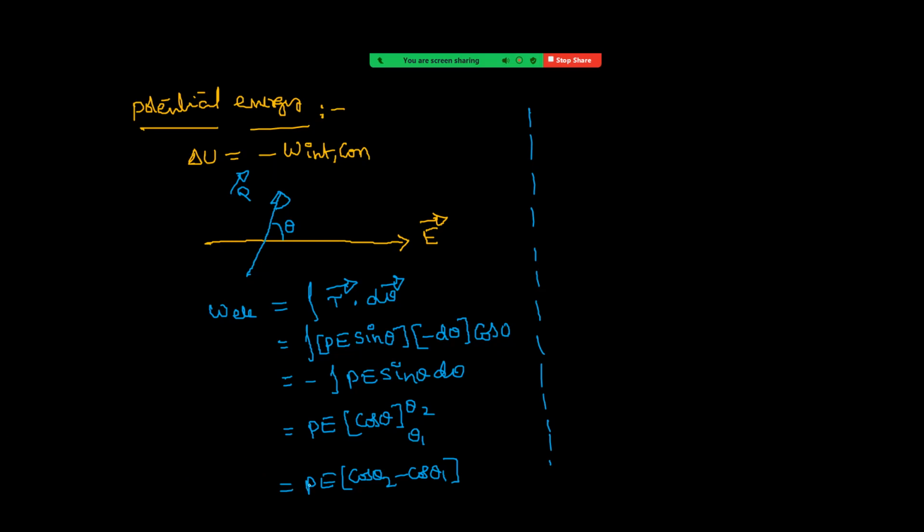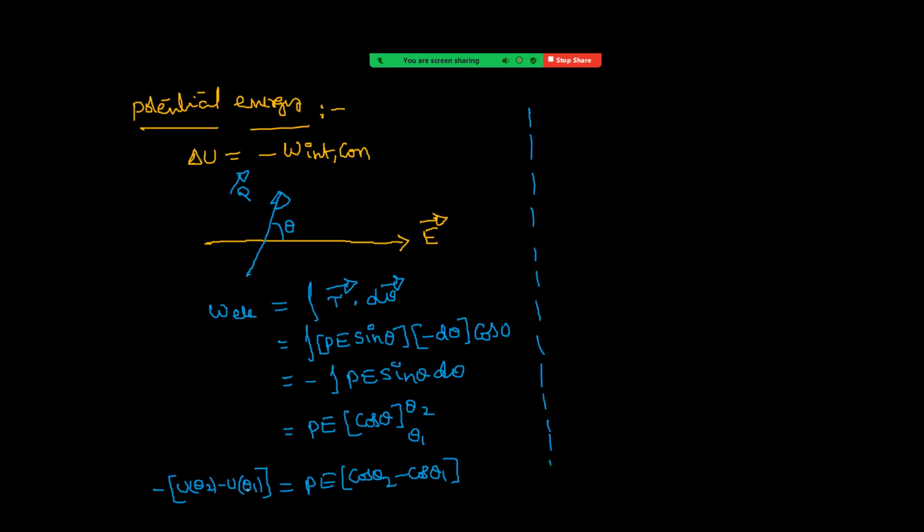So here I can take minus delta U, writing U value when it is theta 2 minus U value when it is theta 1. That is equal to the negative of the change in potential energy. Work done is equal to the negative of the change in potential energy, so I have taken that here.